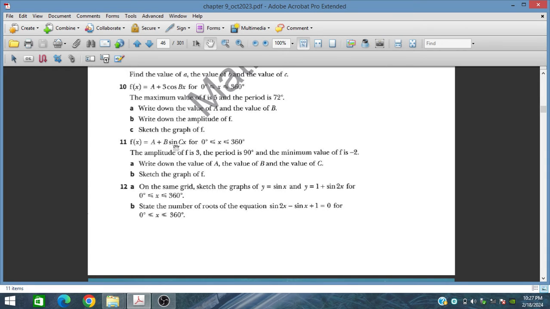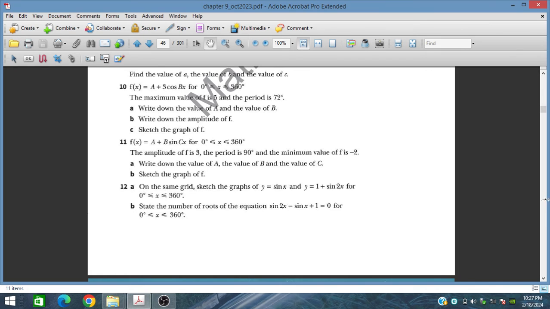The period is 90 degree, meaning the sine period is basically 360 degree, so c is 4. And the minimum value of this function is -2. Write down the values of a, b and c and sketch the graph.